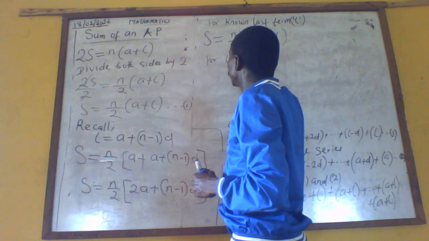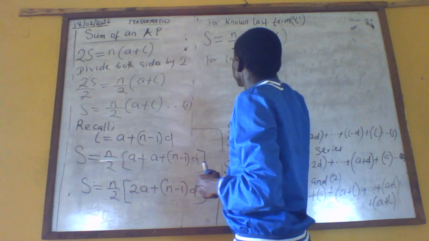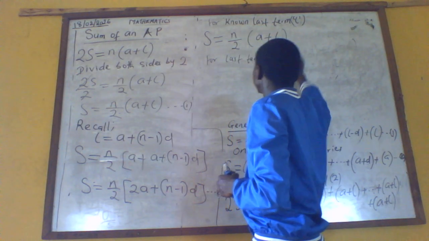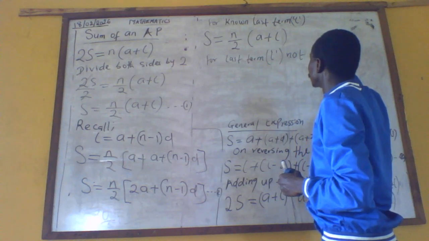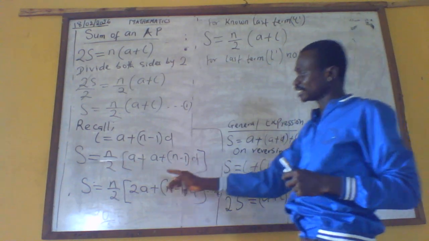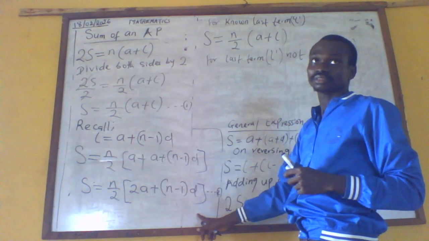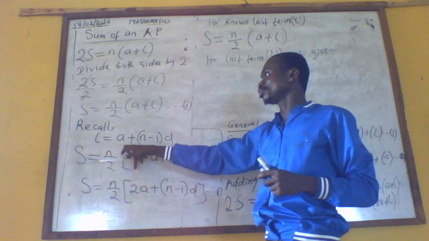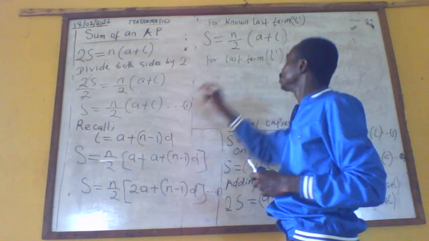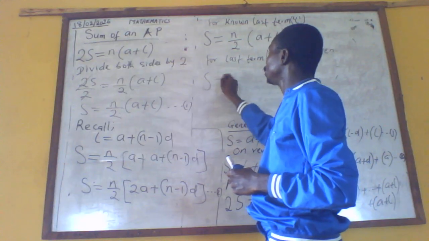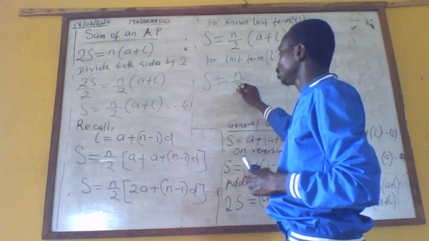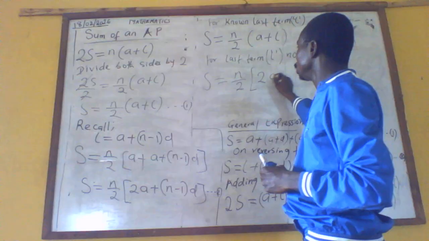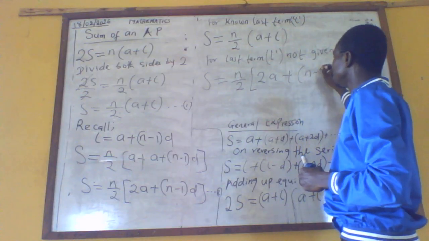For last term not given, L not given. If I don't know my last term, then I come for this one. Do you get it now? You can see we already replaced last term with this expression A plus N minus 1D. Then I will use sum of an AP to be N over 2 into 2A plus N minus 1D.